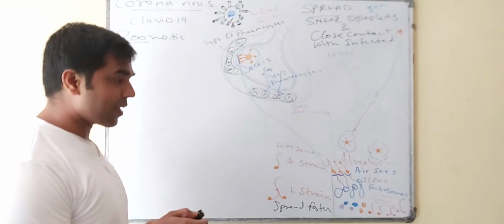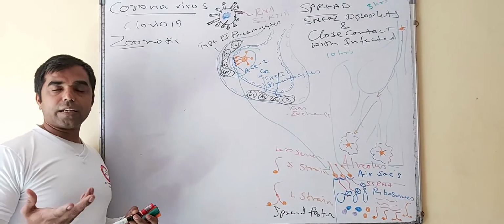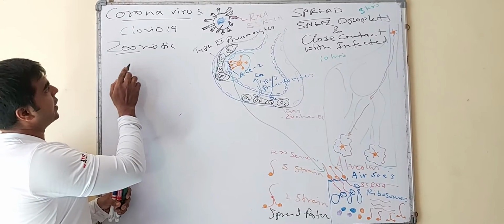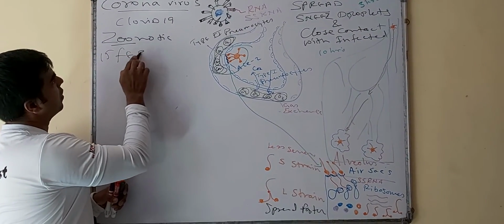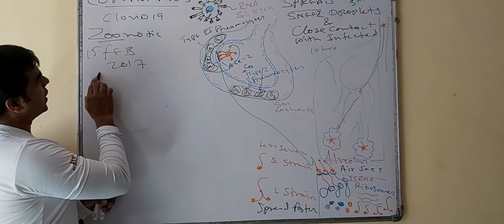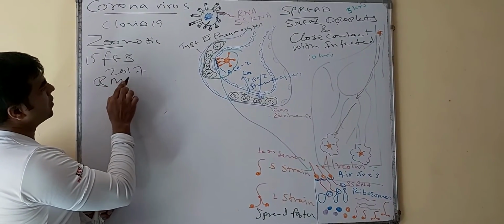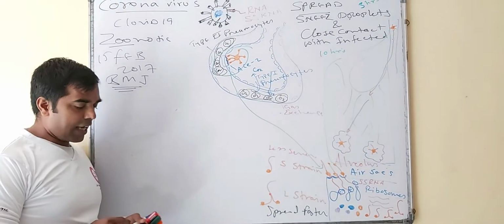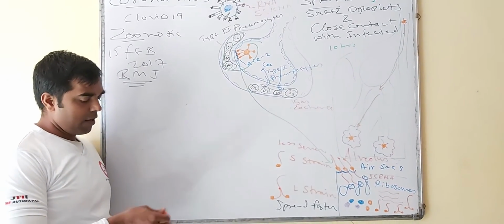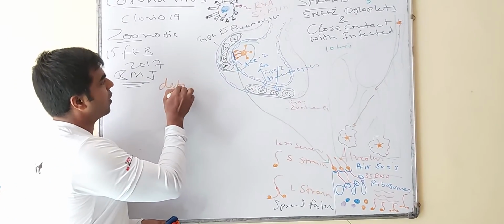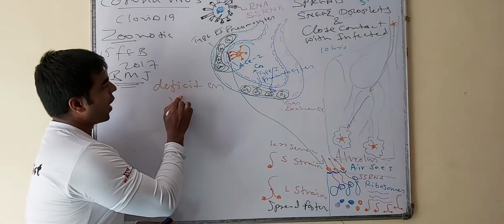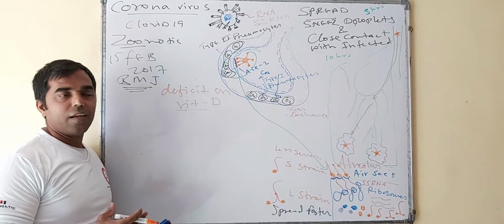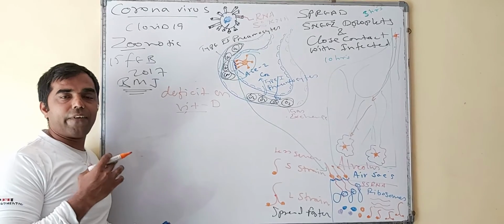Right? Now let's understand what nutritional factor can help us to stay healthy. So on 15th Feb 2017, the British Medical Journal published a study that if you are deficient in vitamin D, you are more susceptible to lung infection, respiratory tract infection.